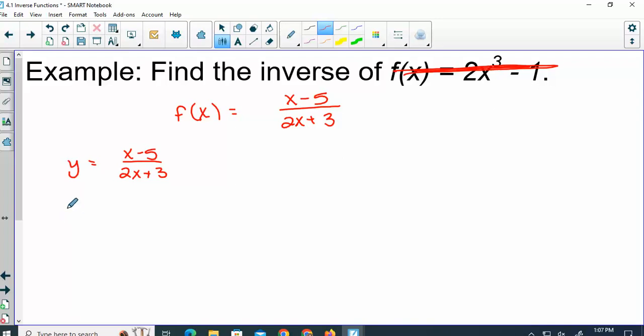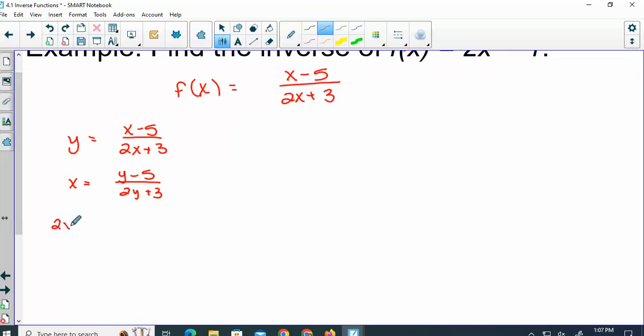Look at it. So you switch, so you end up with 1 x and 2 y's. You want to get rid of the fraction, so you multiply the denominator over. Is this okay?